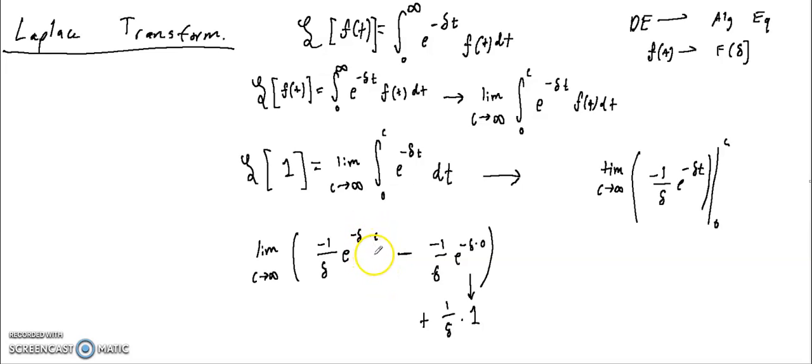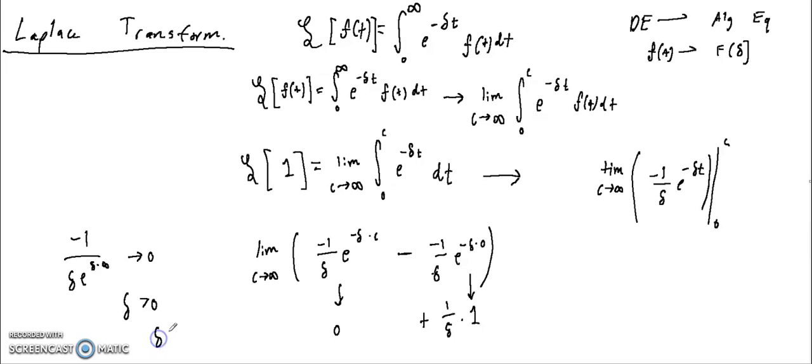And, well, we have two cases here. When c approaches infinity, we have a negative exponent that's getting bigger and bigger. We take the limit of that, and it's pretty much just 1 over s times e to the s times infinity. As this approaches infinity, this just approaches 0. But that's one case. That is when s is greater than 0.